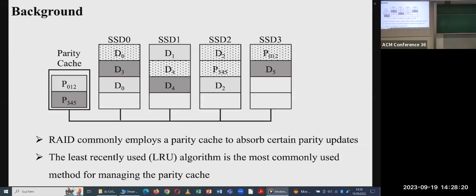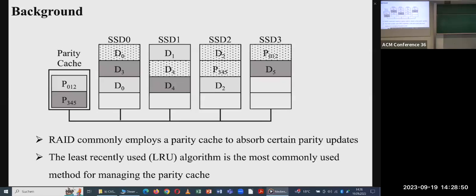The least recently used algorithm is the most commonly used method for managing the parity cache. It moves a parity chunk to the head of the linked list when the parity chunk in the cache is accessed, so the least recently accessed parity chunk is located at the tail of the linked list.